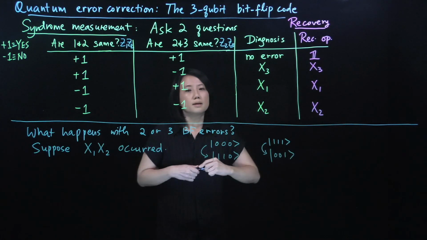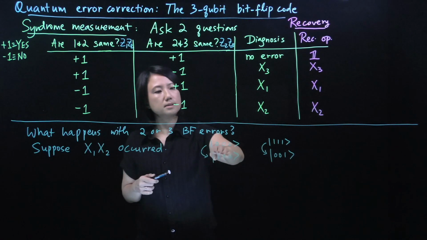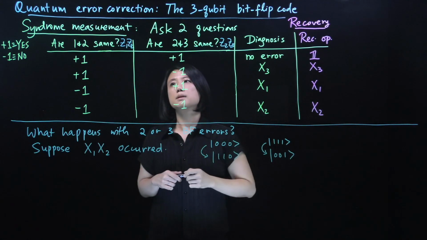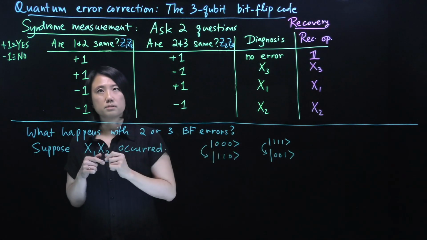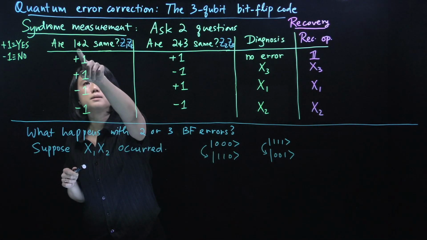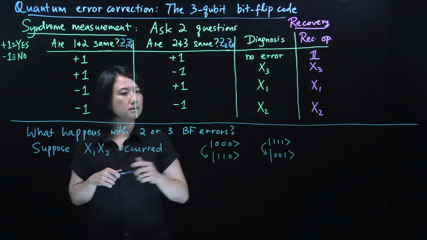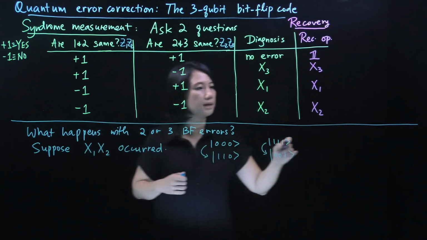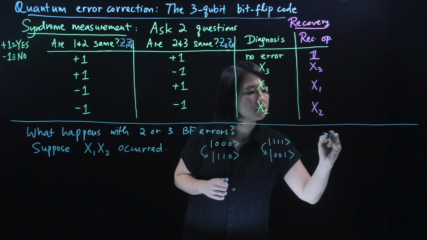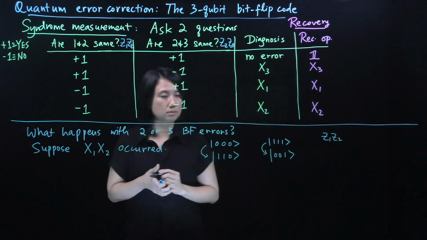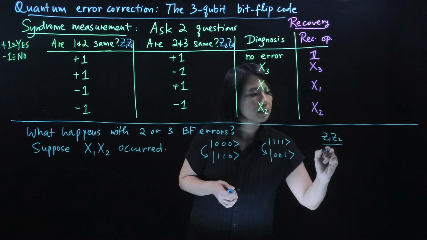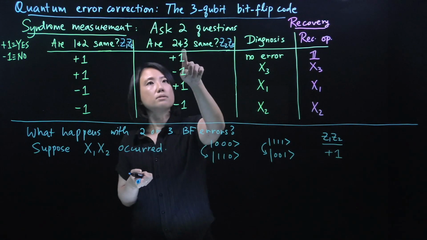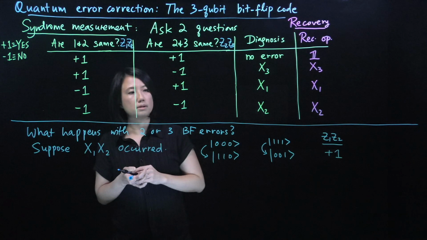Now, once I have these states, I do my syndrome measurement on them. Let's see what outcomes we get. I ask whether qubits 1 and 2 are in the same state. Looking at this, they are, so the answer is yes. So measuring Z1, Z2, which asks whether qubits 1 and 2 are the same, I get yes, which is a +1. Now I ask my second question: are qubits 2 and 3 the same?